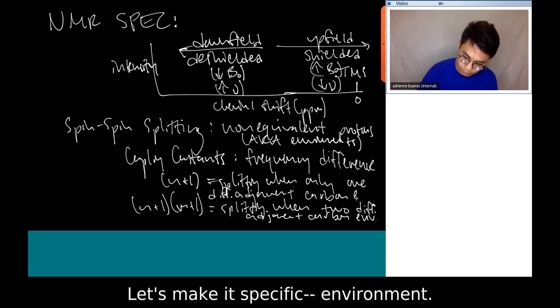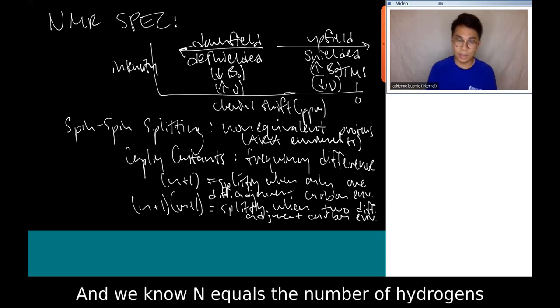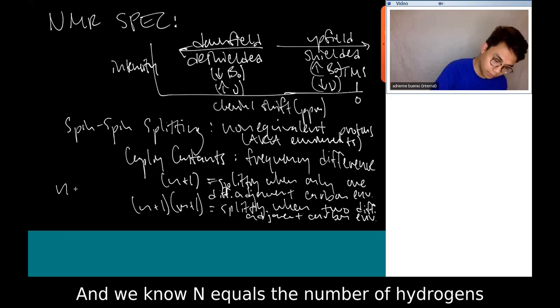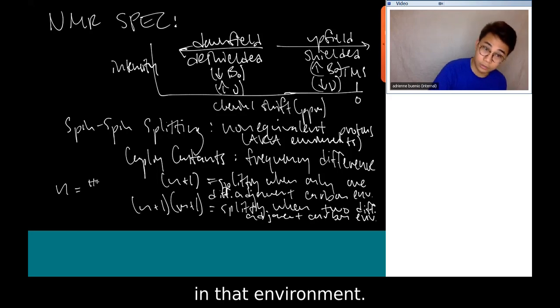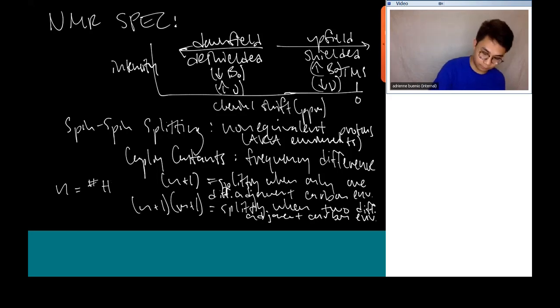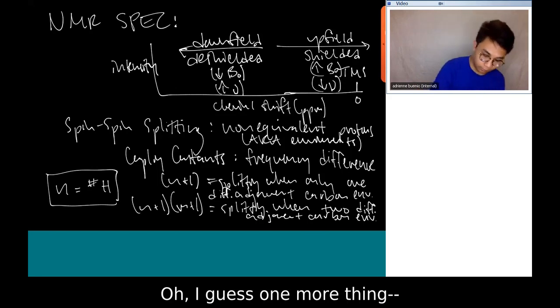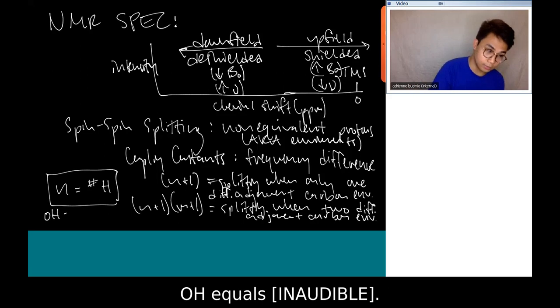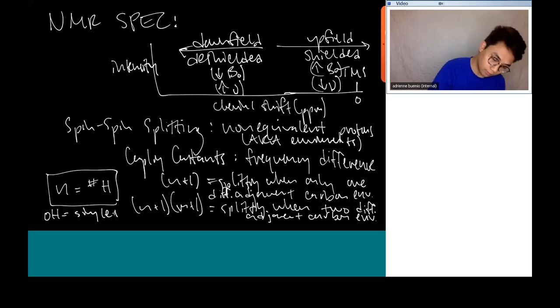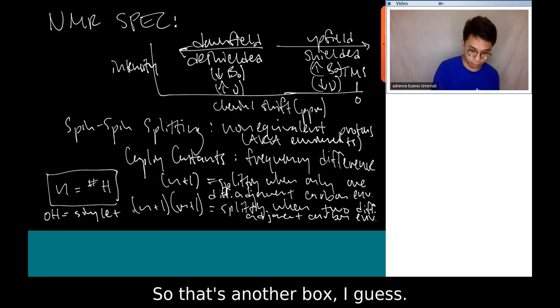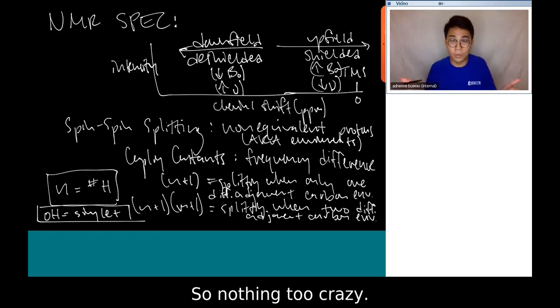Let's make it specific: environment. And we know n equals the number of hydrogens in that environment, right? Oh, one more thing: OH equals singlet, right? So that's another box. Nothing too crazy.